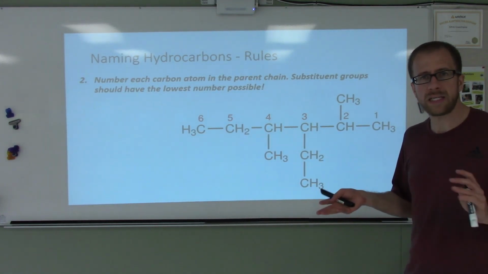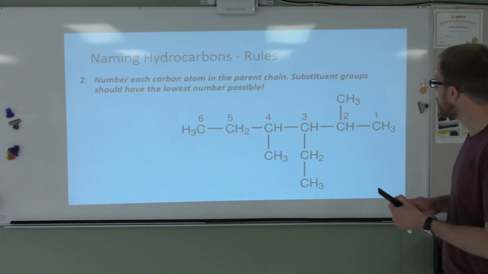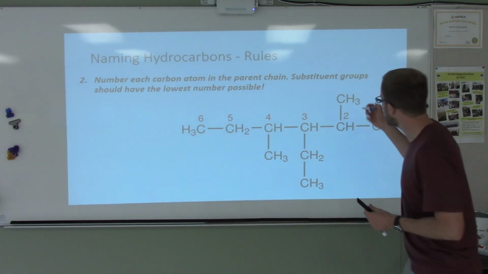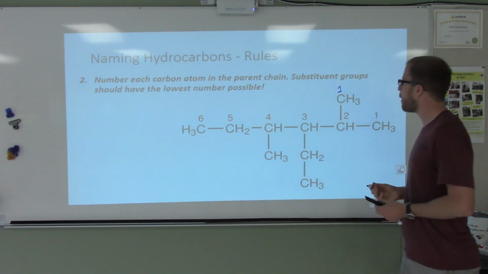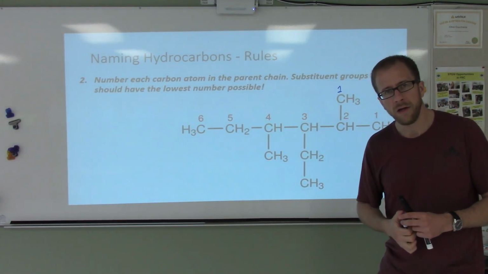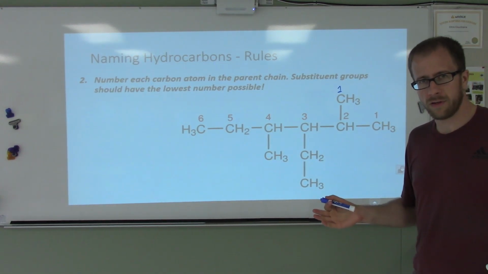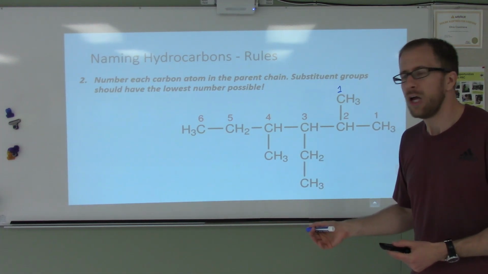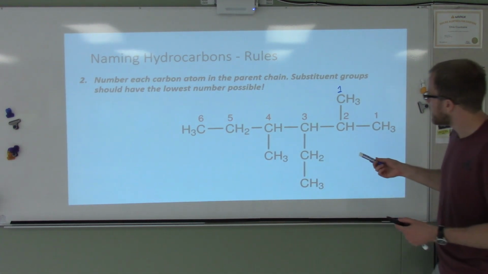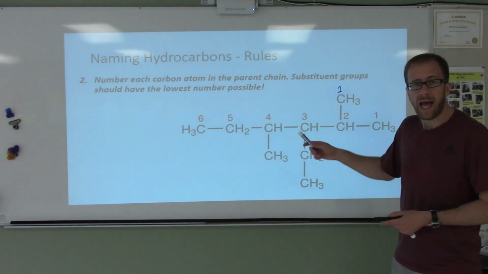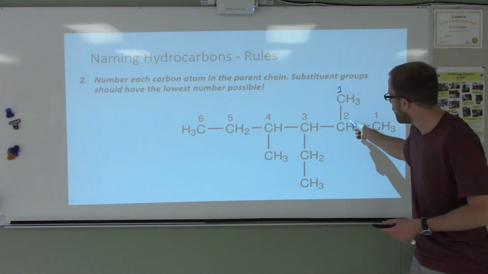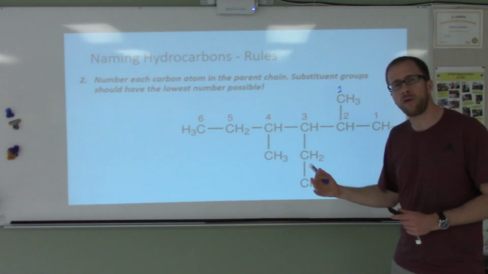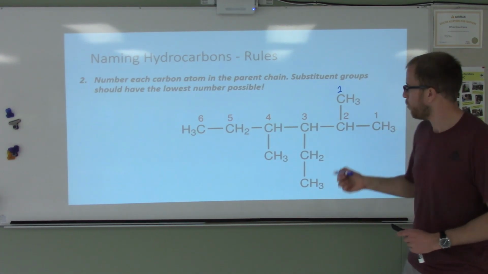Now, students always ask me, well, Mr. Salt, like, what if instead I chose this carbon here to be number 1? Well, does your answer change, or is it exactly the same? Your answer would be exactly the same. No matter what, at your second carbon, there will be a methyl group attached, right?